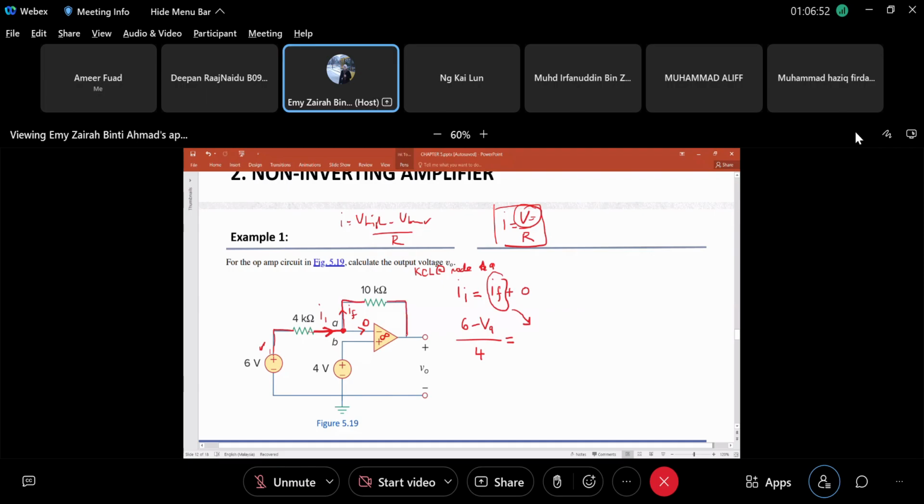V output, right? This is V output. Since current flows from left to right, VA is higher, so VA minus V output divided by the feedback resistance, which is 10. So this is how you derive it, starting from KCL, from current, and then you expand using voltage and resistance.